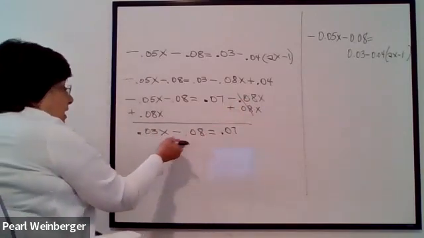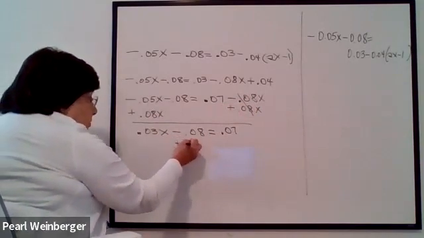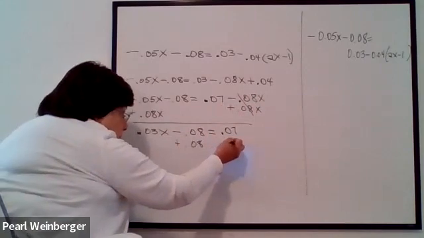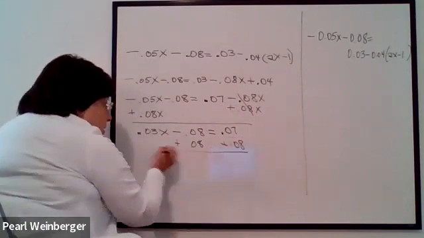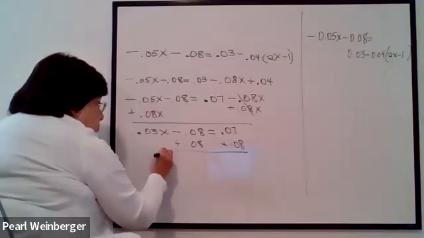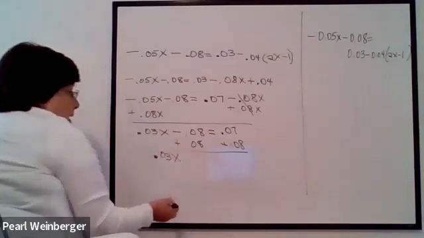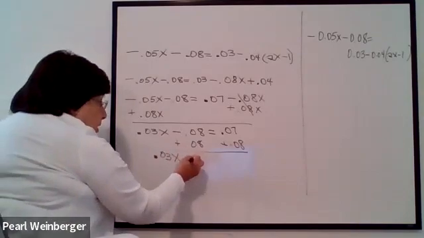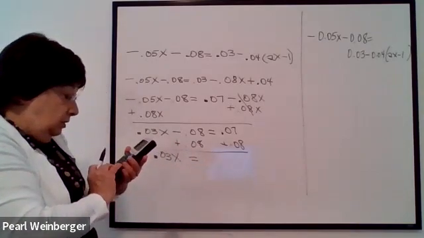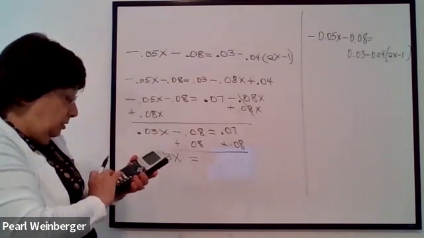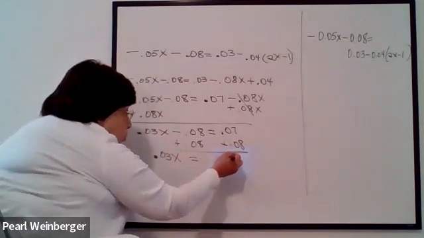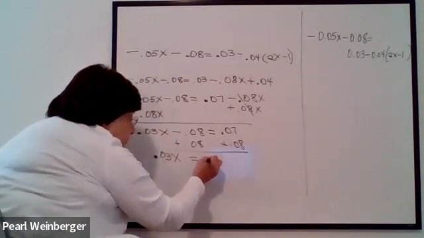So my next step is to add the 0.08 to both sides. This will leave me the 0.03x on the left. On the right, I have to have 0.07 plus 0.08, which is giving me 0.15.